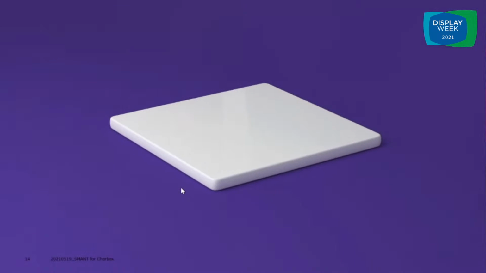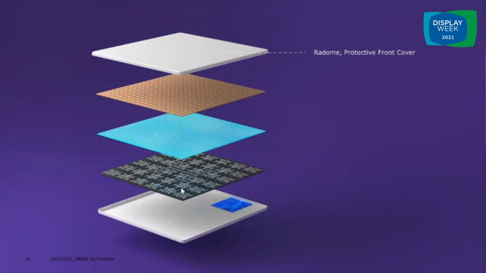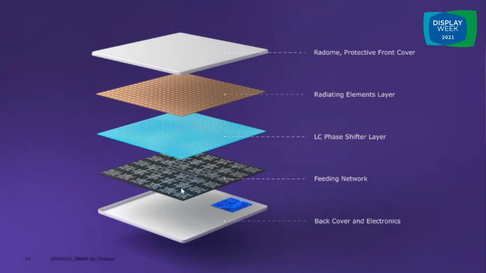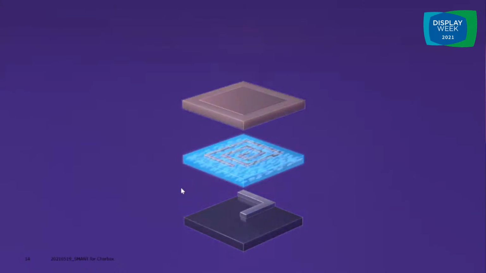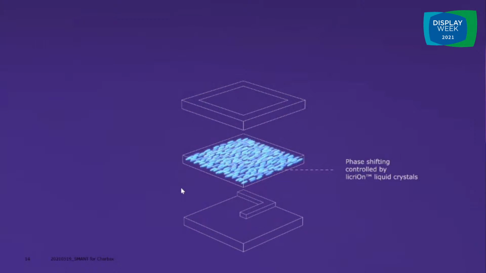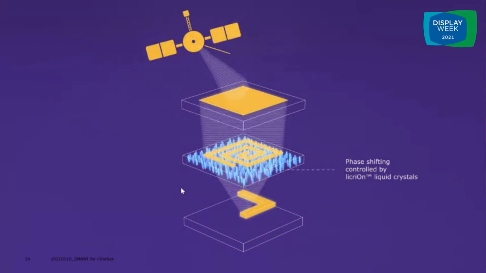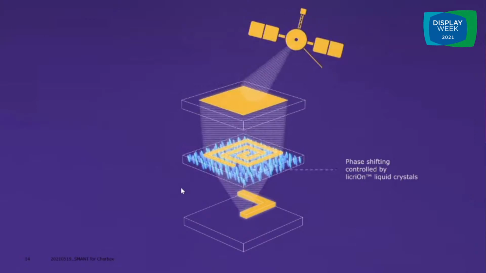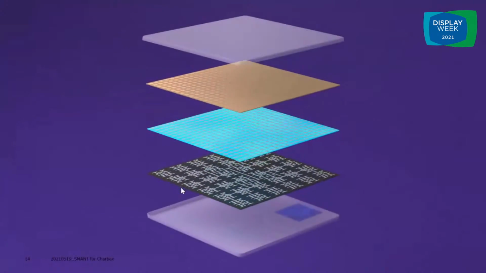So here you see an example of a flat panel beam steering antenna, and you can see it's built very much in layers like a display. You have one layer with the liquid crystals, like in a display, and like in a display, this layer modifies the electromagnetic waves in a way that a beam can be steered as light can be steered.